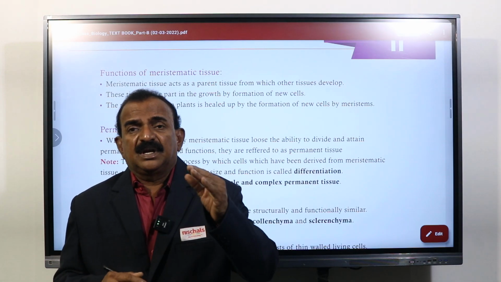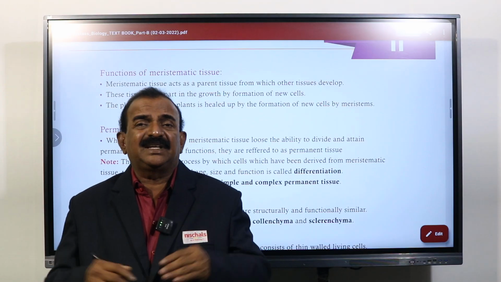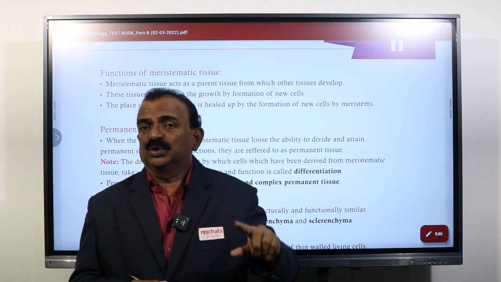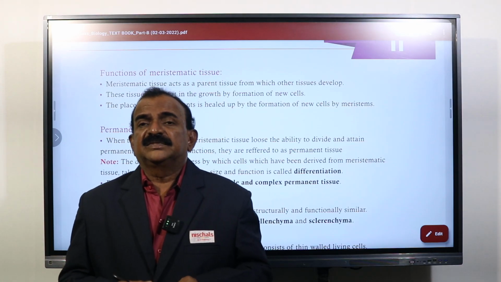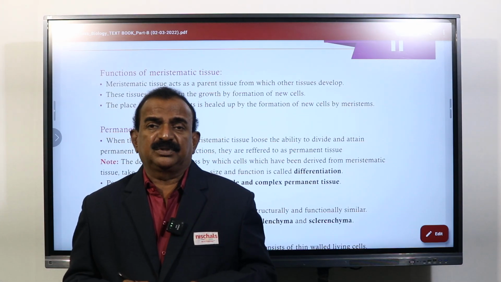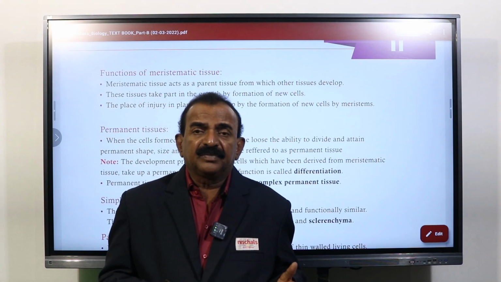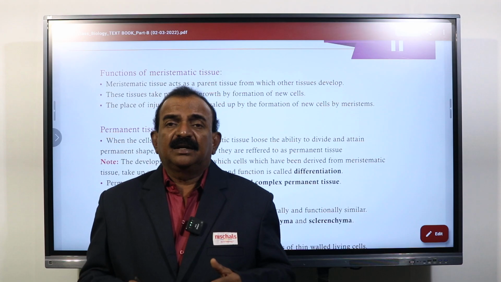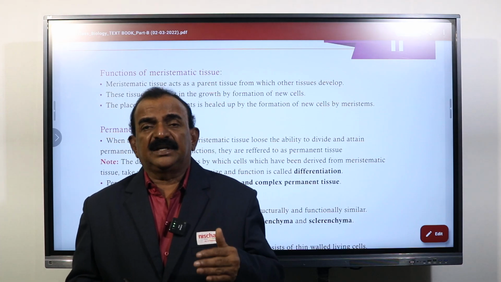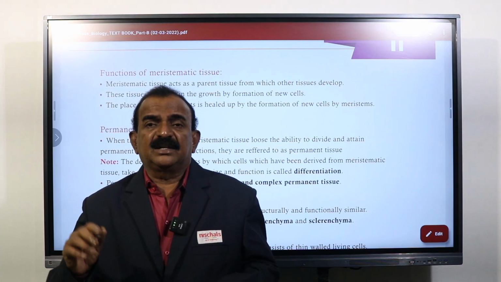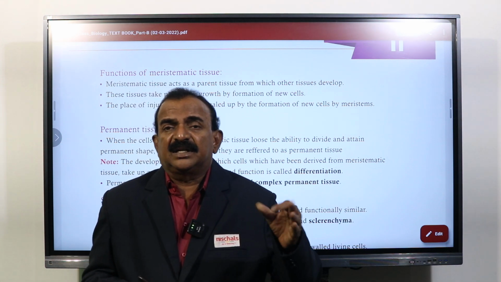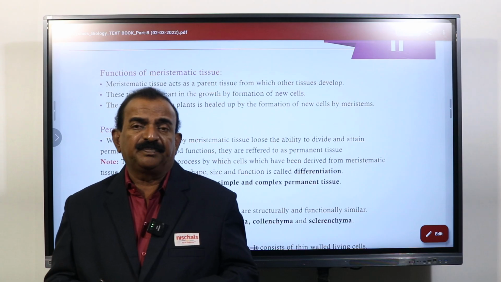Epidermal tissues, ground tissues, and vascular tissues are the permanent tissues. Ground tissue consists of three types of simple tissues: parenchyma, collenchyma, and sclerenchyma. Complex tissues are also there in the plant body, and they are also called permanent tissues. These conducting tissues are called xylem and phloem.